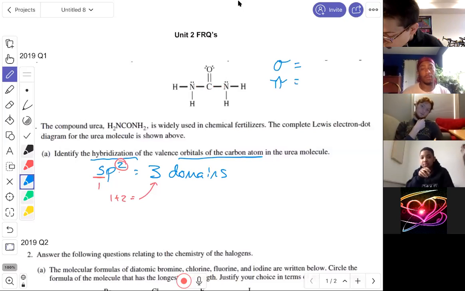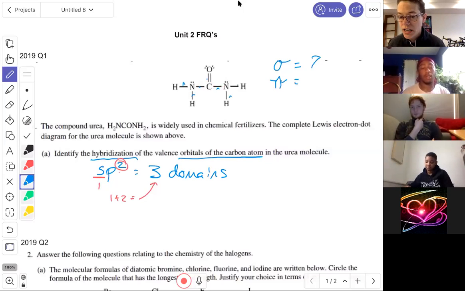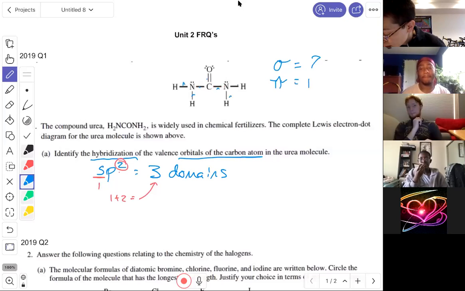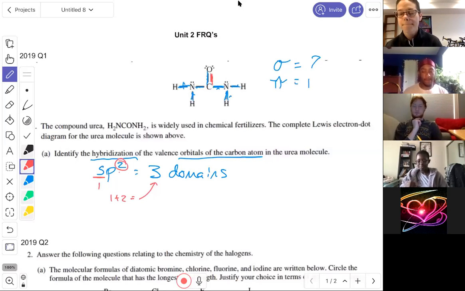Every bond is a sigma bond, and in a multiple bond, the second or third lines are pi bonds. So that's a sigma, sigma, sigma, sigma, sigma, sigma, sigma, and then that would be the pi.